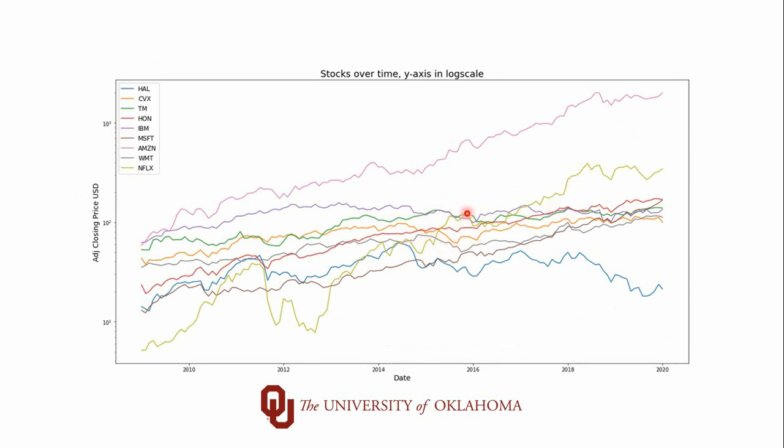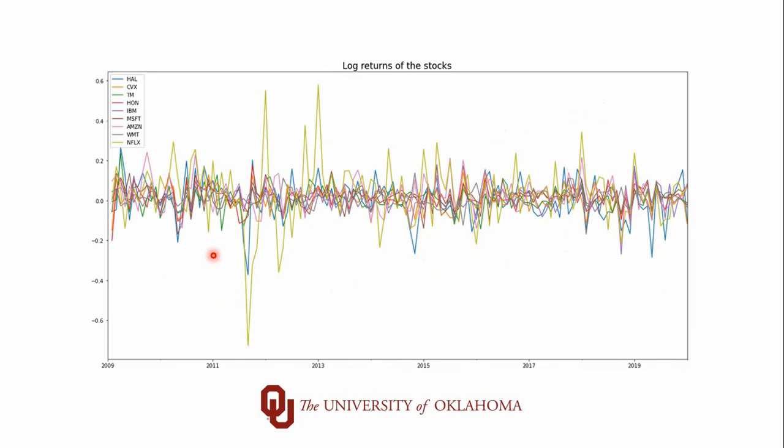It's not very stable, unlike, let's say, Toyota, this green line, or Chevron, the orange, or Walmart, which is about here, this gray. So this is something that must be considered when investing, since large fluctuations may represent a higher risk.